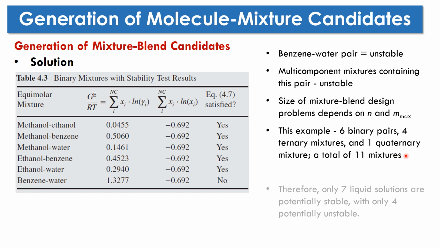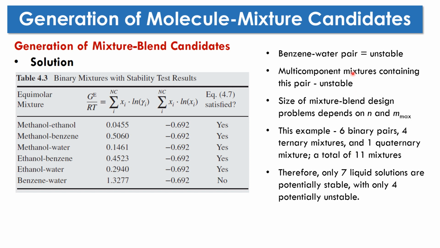However, since we know that the benzene and water pair is unstable, we can identify that only 7 liquid mixed solutions are potentially stable because they don't have the benzene and water pair, though they need to be checked further, with only 4 potentially unstable mixtures involving the benzene and water pair.